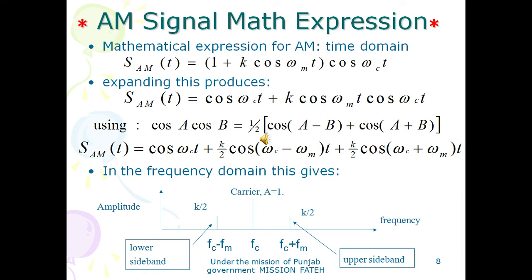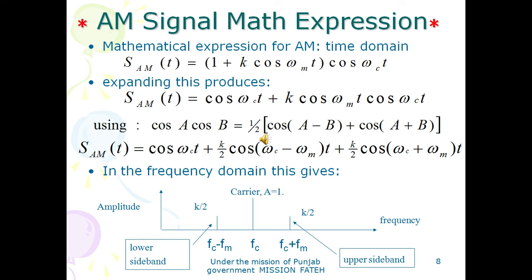Then put the values of A and B in the above expression. Then we find the final expression of the amplitude modulated wave, that is equal to cos omega ct plus K by 2 cos (omega c minus omega m) t plus K by 2 cos (omega c plus omega m) t.